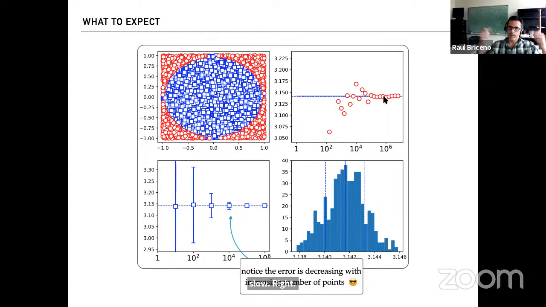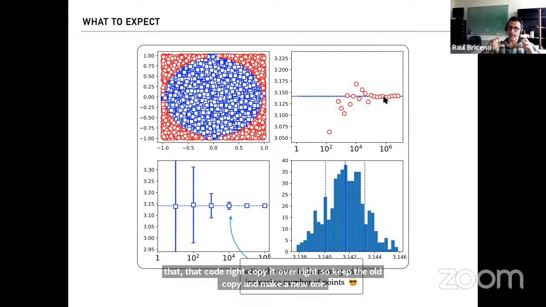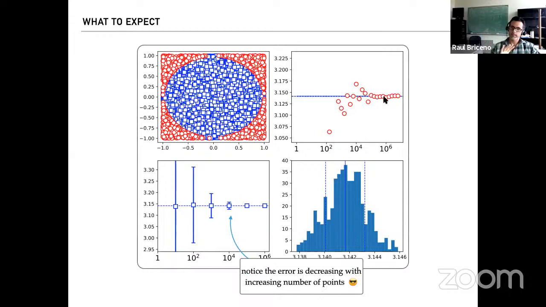Now try to grab that code, copy it over, so keep the old copy and make a new one. Then play around with things, trying to remove for loops, for example, and use arrays, things like that to speed it up. And then test that the results agree between your previous slow code and your new one. That's going to be a way for you to start doing benchmarks in time, so that you're pushing your speeds while still having something that honest to God works, right?